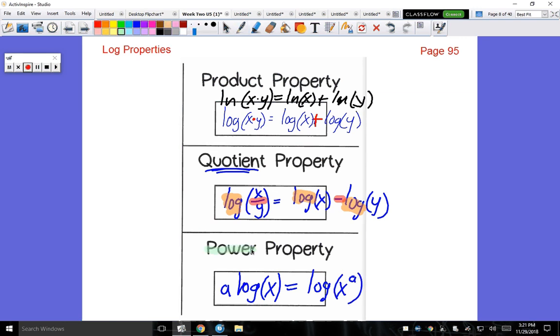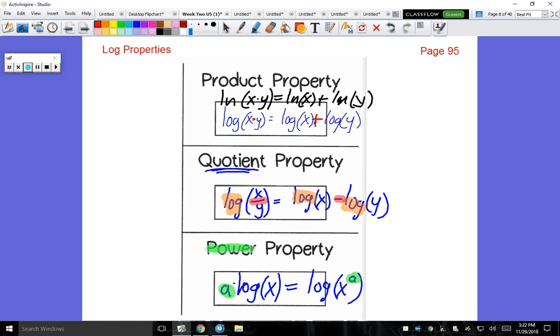All you did was move this power from a coefficient to the power of the thing in parentheses, which is called the what? Argument. Nicely done. So the coefficient in front, like 2 times natural log of x, will become log of x squared. It's the power of the argument, and you can move it back and forth.